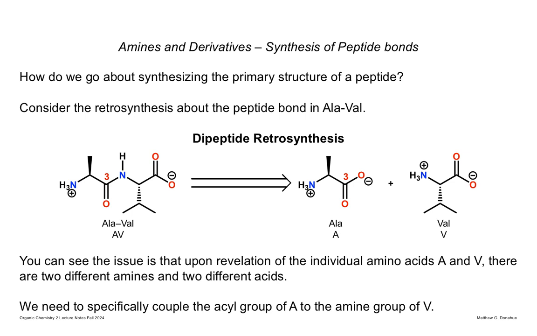So if we want to make this sequence of AV, but just imagine it's a longer sequence, the concept still holds. This is the bond we're interested in making right there, the peptide bond. So that's a condensation.